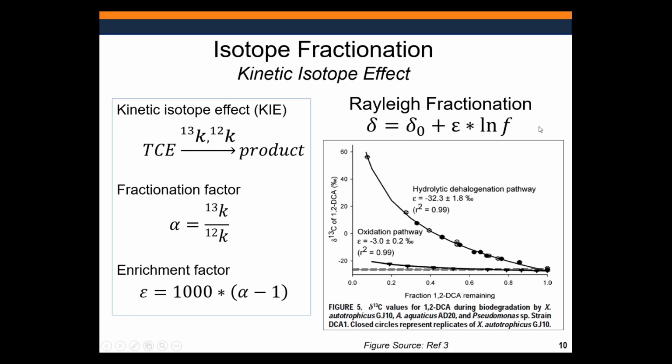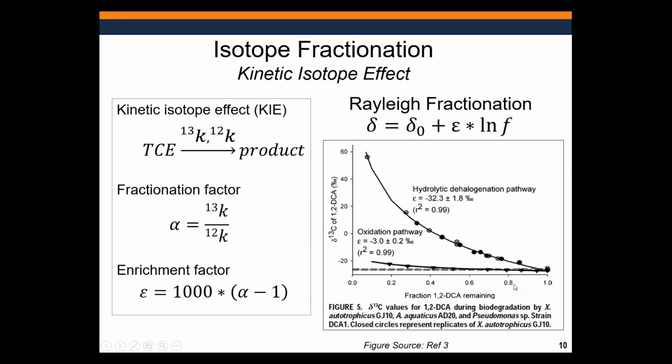So if we take a look at this figure from a fairly recent paper, and the references to all of these different figures that I show are in the back, and you're welcome to get a copy of this presentation at the end. Essentially what we see here is DCE is degrading. In this case, these are biological studies.